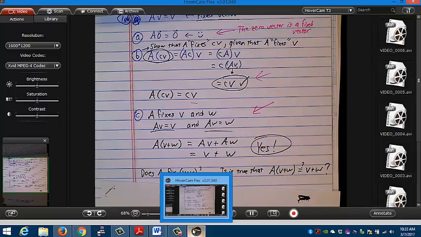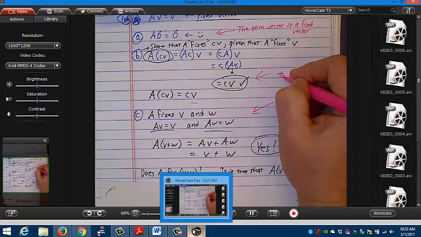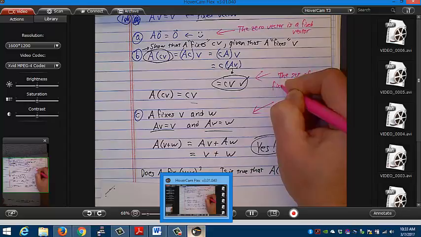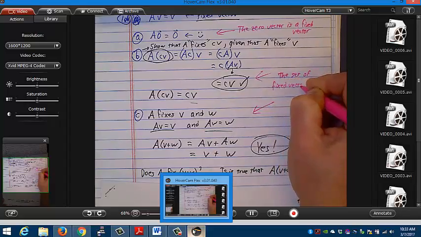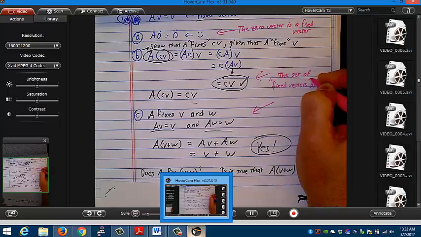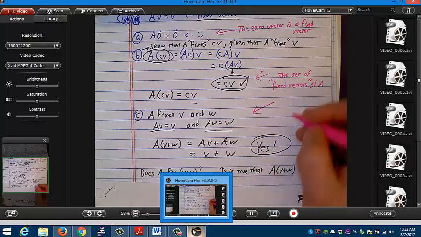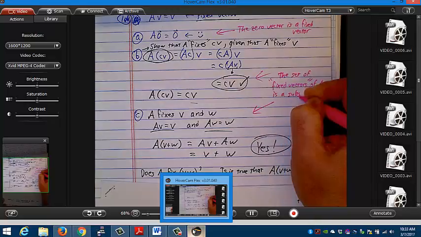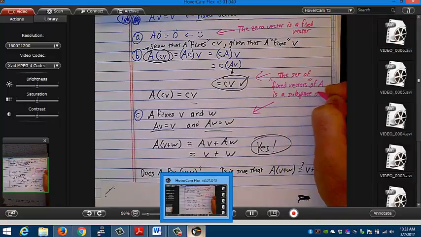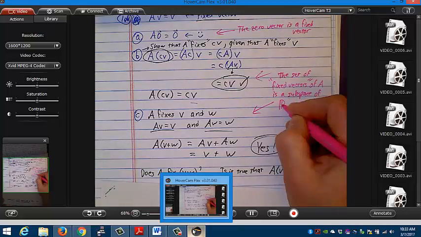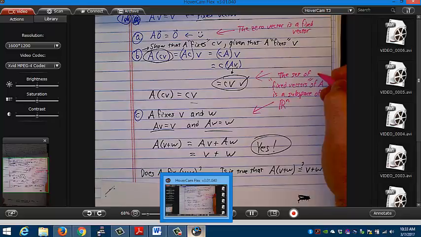It's a subspace. Yeah. What is a subspace? The set of fixed vectors of A is a subspace of, well, I guess we'll say R n, because A we're saying is n by n.